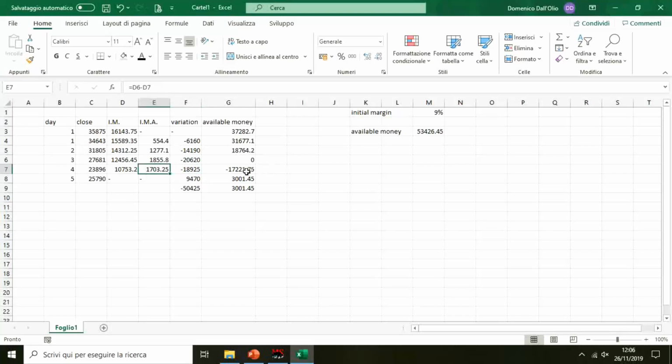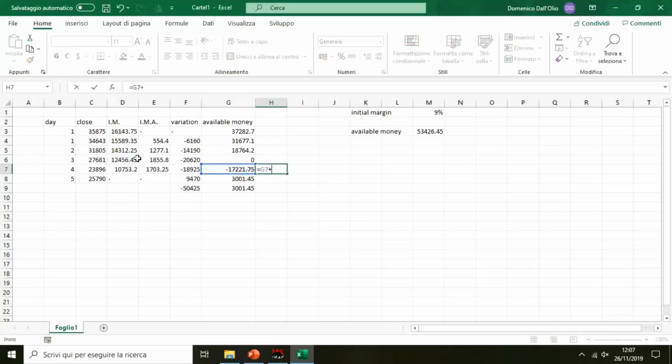So you end up with minus 17,221.75. Even if you close your position, you get back only 12,456. So here you are in the red, because this plus this means you are losing 4,765 euros.